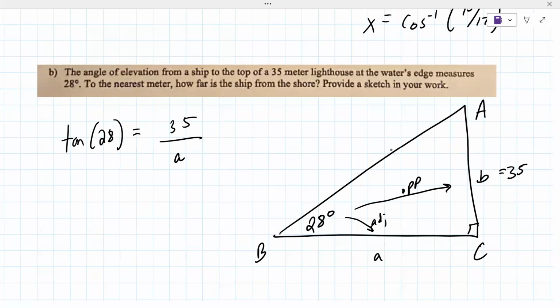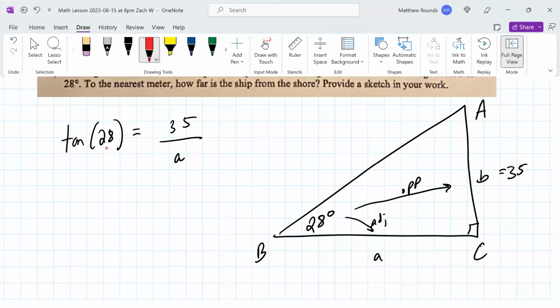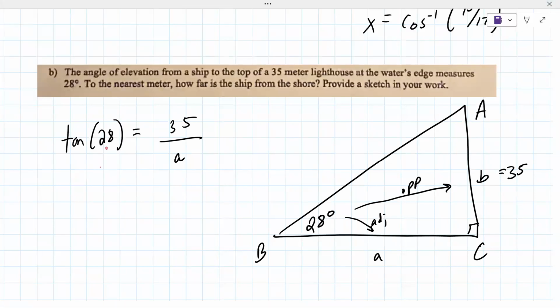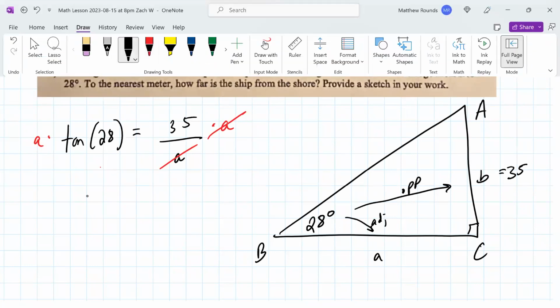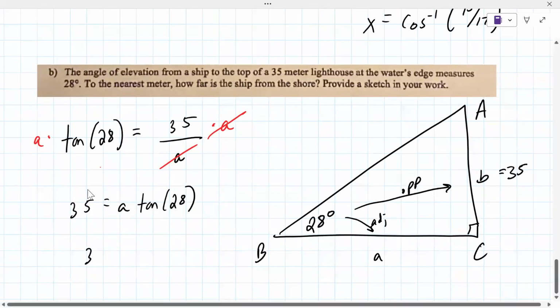This is the harder one to solve. Should I multiply by A, because you want to clear it out? Yeah. So then A times tangent of 28 equals 35.